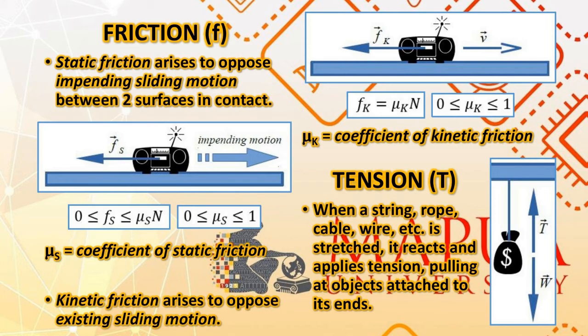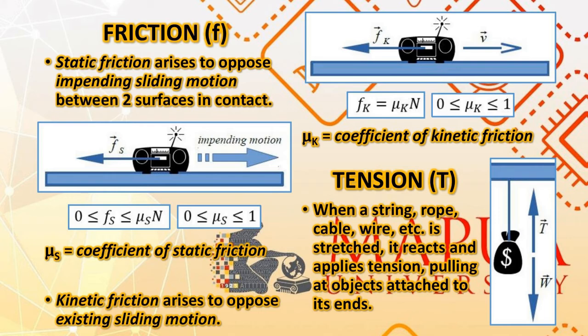It is a unitless quantity, and typically it ranges from 0 to 1. Again, mu k cannot be negative. It cannot be less than 0. But depending on the circumstance, it may be greater than 1. Typically, it ranges from 0 to 1.